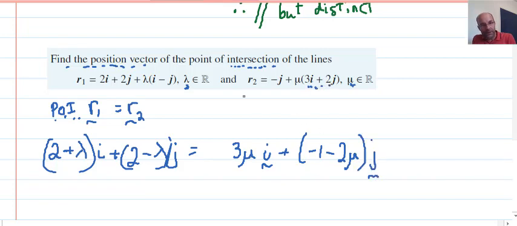And clearly these are not parallel lines because you don't see any scalar multiple in terms of the direction vectors. So that's a good sign.